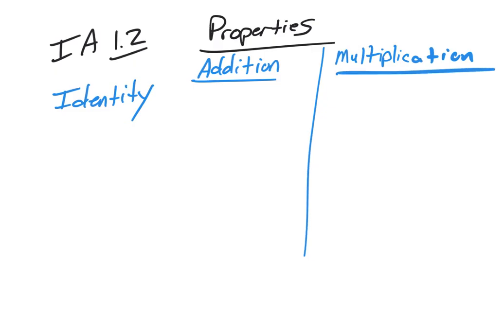It's still the identity property, but when I identify it, we're going to say the identity property of addition, or the identity property of multiplication, because there's two of them.